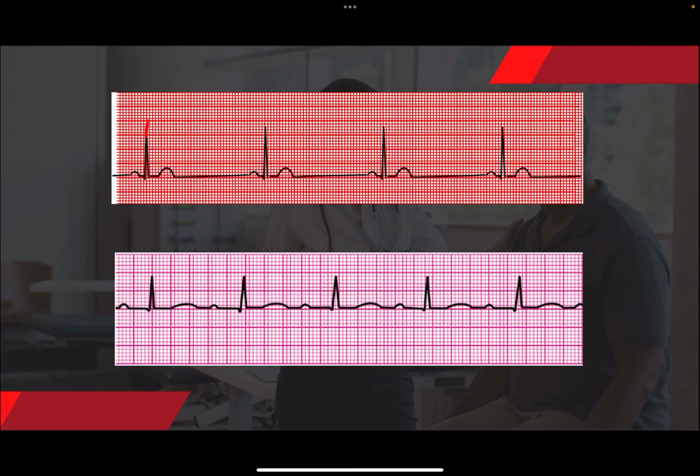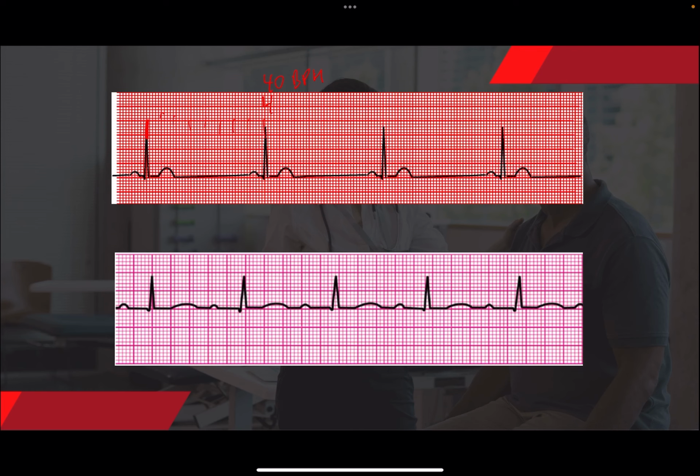If this is the heavy line, so 1, 2, 3, 4, 5, 6, 7, 8. Okay, let's compute that. So 300 divided by 8. So that's approximately like 37.5 or 40 beats per minute. So we know that this is a bradycardic rhythm.